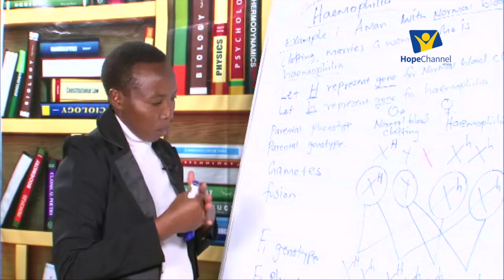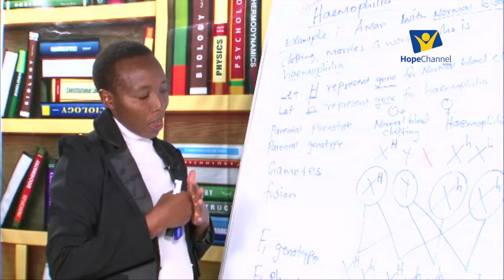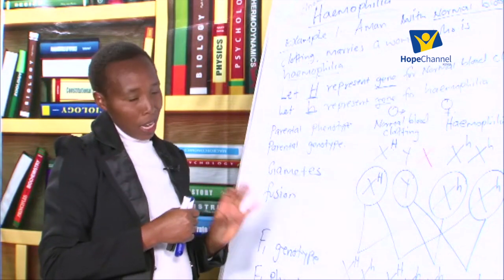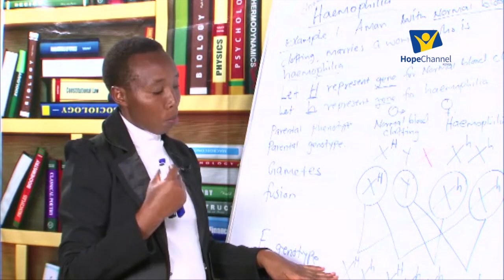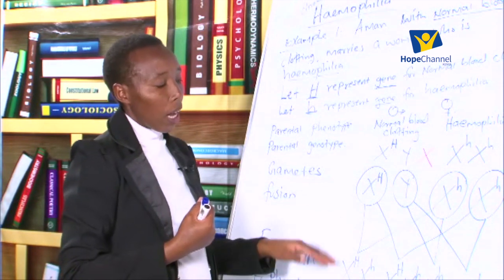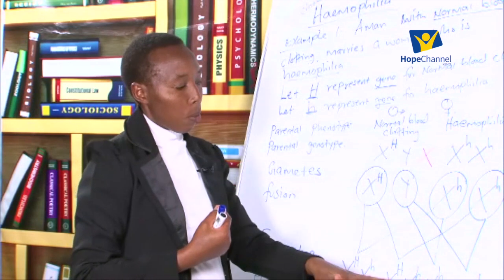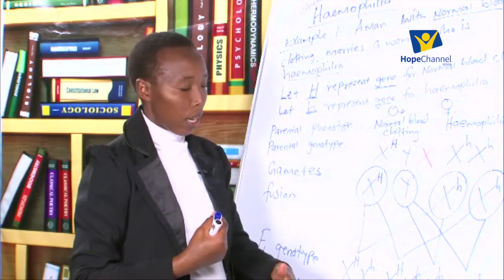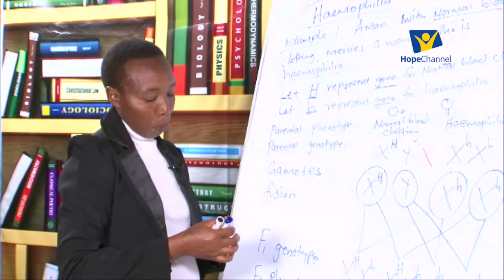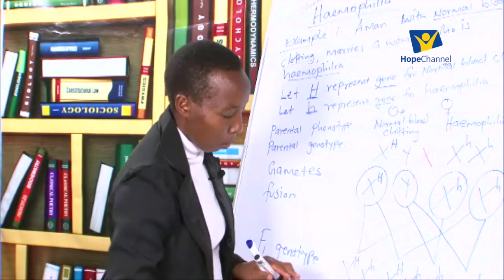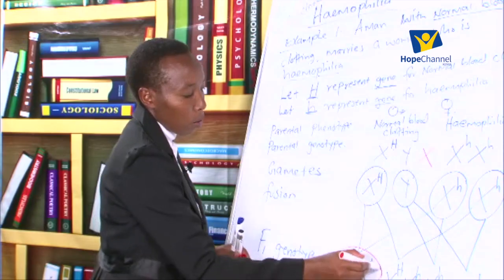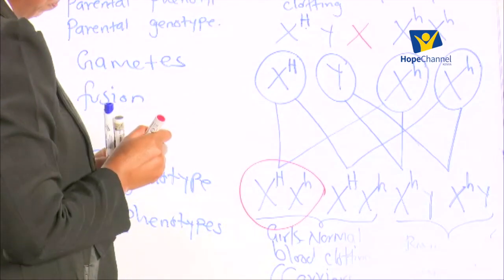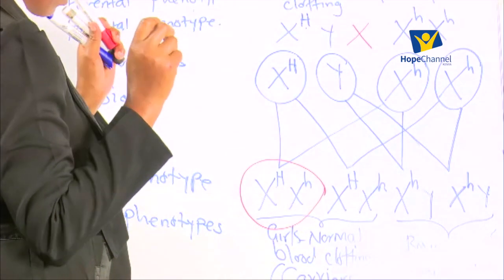Now, assume this is the first generation, a family where you have girls with normal blood clotting and boys with hemophilia. But now, let's pick one girl who has a normal blood clotting system. But remember, in brackets, this person is what?